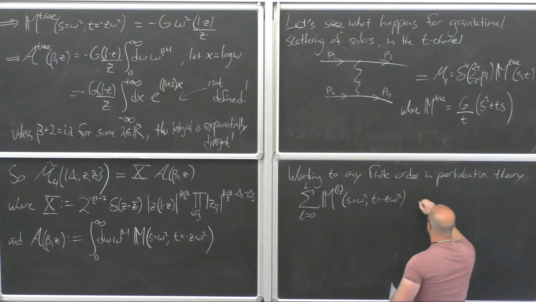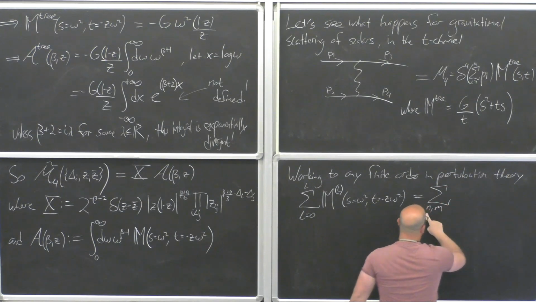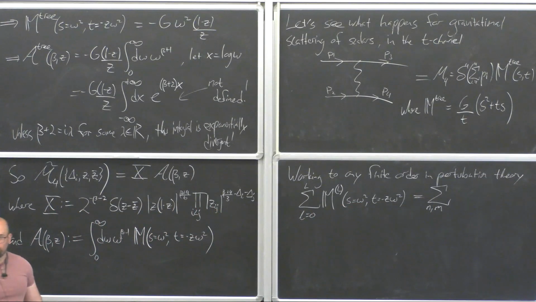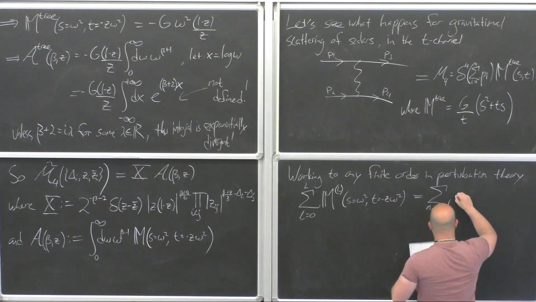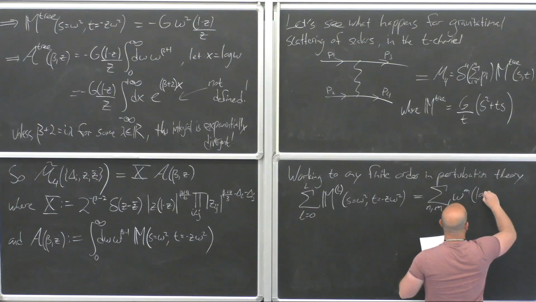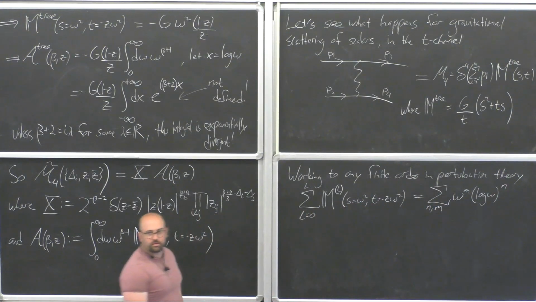You can show that this is always going to be given by some finite sum. Here these indices n and m run from 0 to some finite natural number of terms that are like omega to the m log omega to the n. Okay?